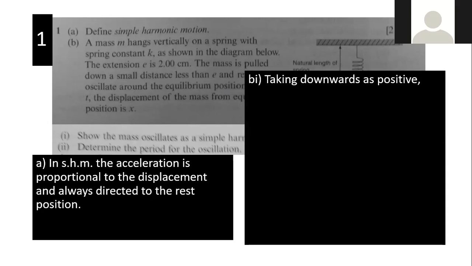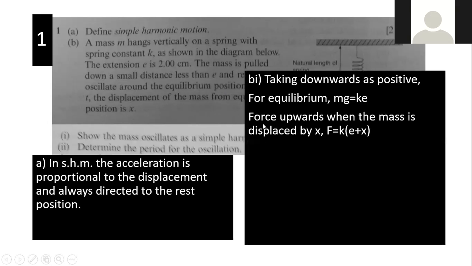Okay, taking downwards as positive. For the equilibrium position, mg equals ke. Then when you pull it down by displacement x, there's a resultant force upwards. So the new force is k into e plus x. Previously it's only ke.